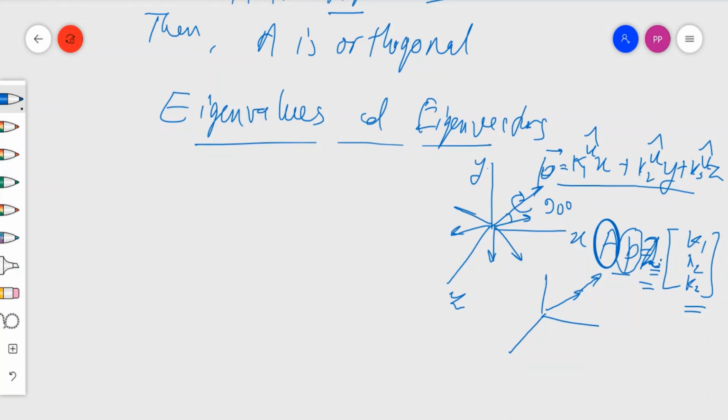So for a matrix A of order n by n, if the matrix has independent rows and columns, then there are possibly at most n eigenvectors of A. So these eigenvectors can be p1, p2, like that up to pn.